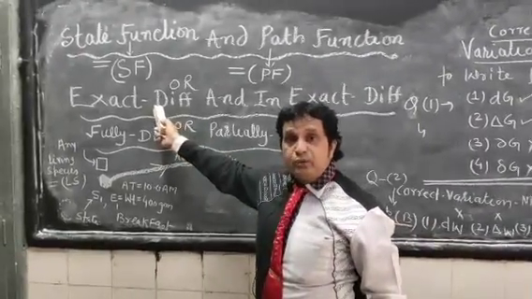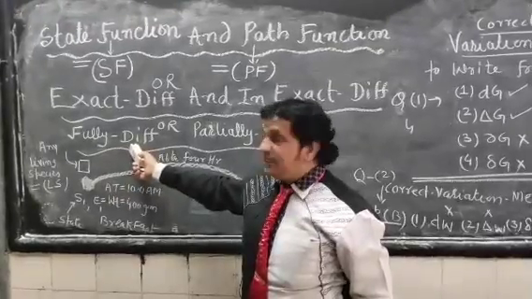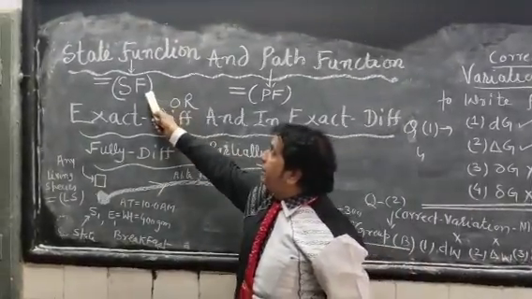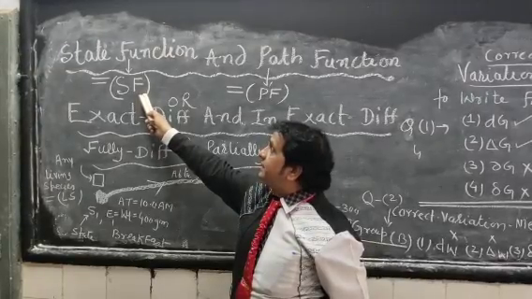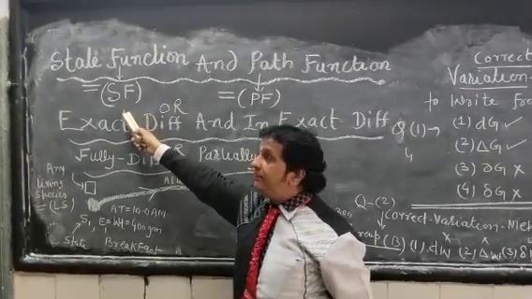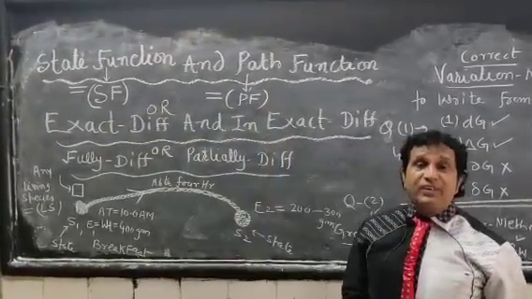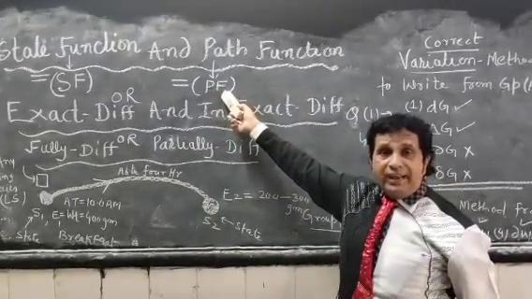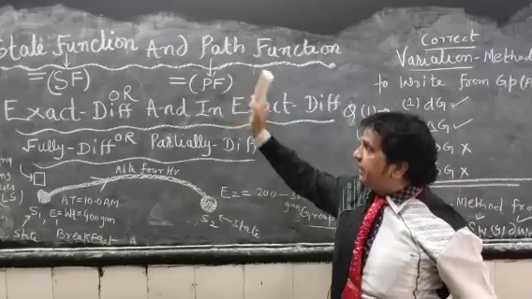Exact differential is also known as a full differential. In compact form, I would like to write state function as SF and path function, in abbreviated form, as PF.